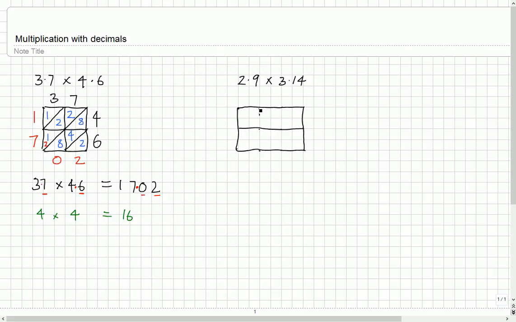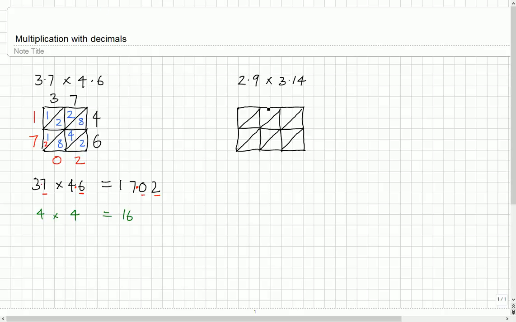Alright, there we go, nearly done. Then as soon as you've got the grid, diagonals, bottom left to top right. Again, using a ruler. Okay, we need to fill in the numbers in our grid.